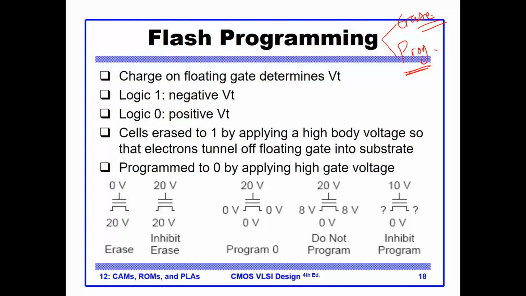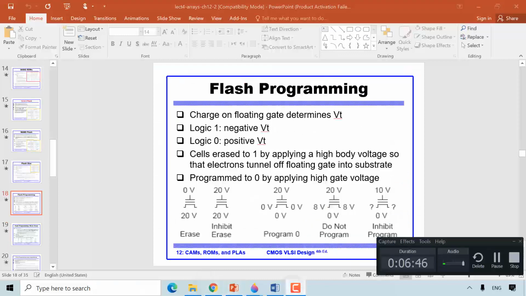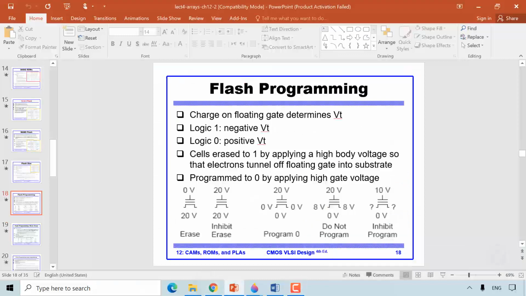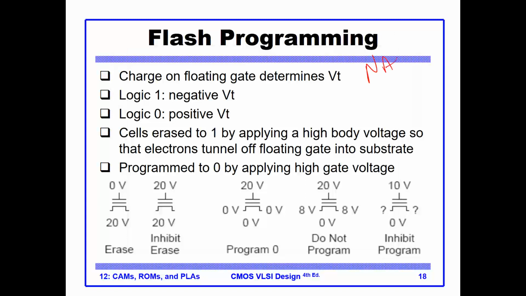Now, because this is a NAND implementation, a logic one is implemented with a negative VT, so you will have the transistor always on, and logic 0 is with a positive VT.